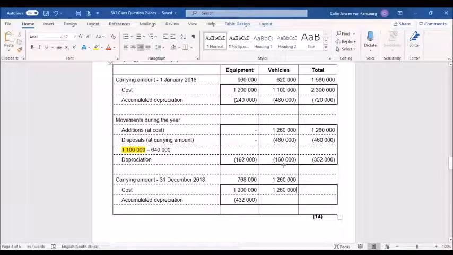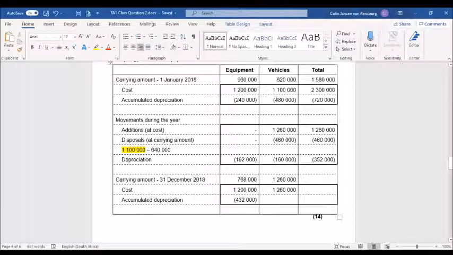Oh, so now let's go and have a look. We've looked now, just before this, only at the cost, right? We've only looked at the cost. What effect the transactions and the movement had on the cost? The 1.1 million minus the 1.1 million plus the 1,260,000.